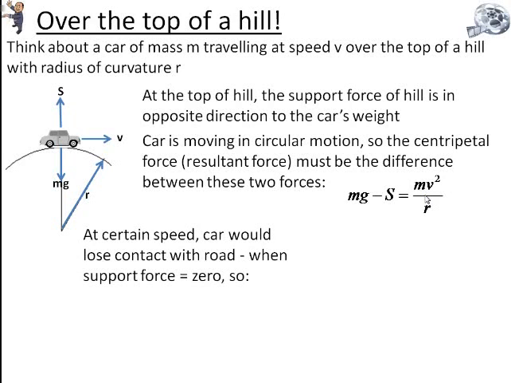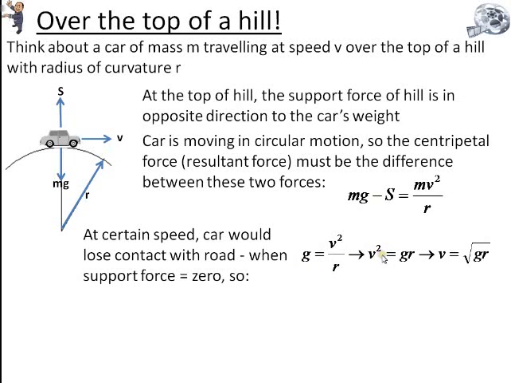At a certain speed, if we think about this, if that car goes too fast, it's going to lose contact with the road. Now, if it loses contact with the road, S in the equation we've just looked at would become 0. So if we set S to be 0 in this equation, we end up with mg equals mv squared over r. You can see that the masses would cancel, so we end up with g equals v squared over r.